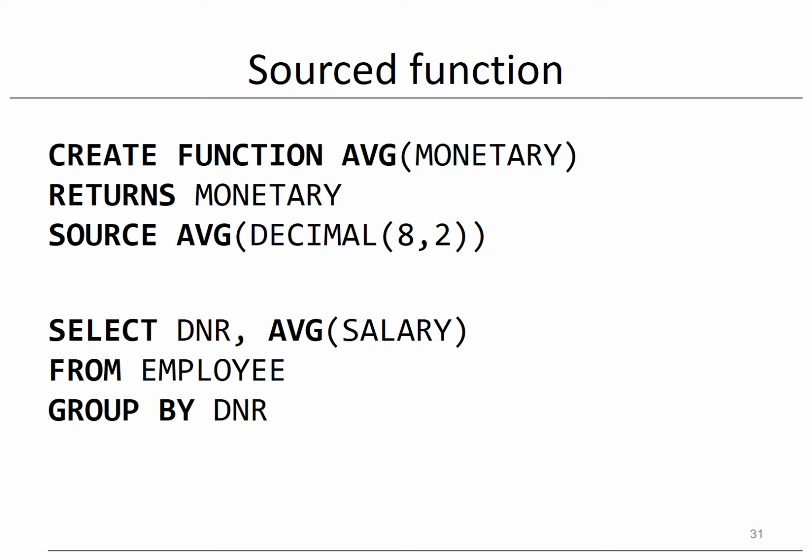Select department number, average salary from employee, group by department number. This query selects the department number and average salary per department as calculated using the sourced UDF we defined earlier.